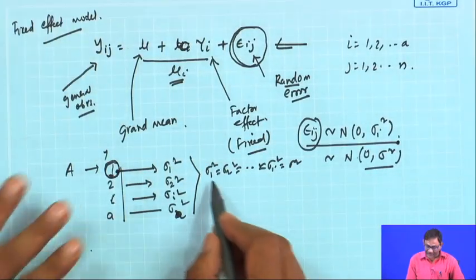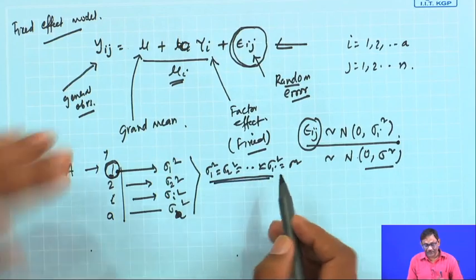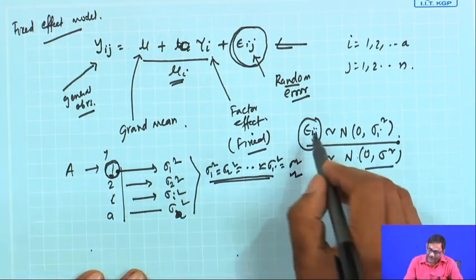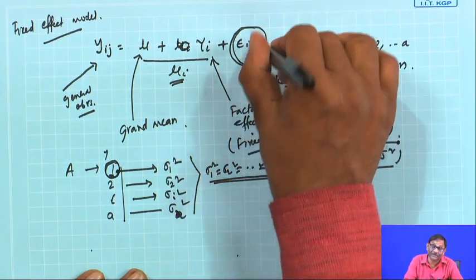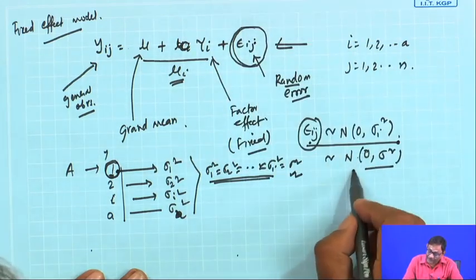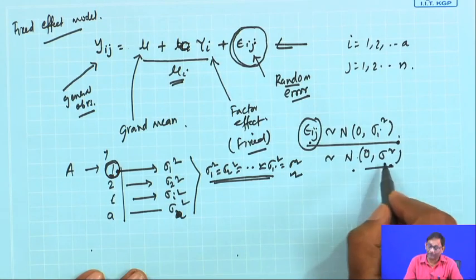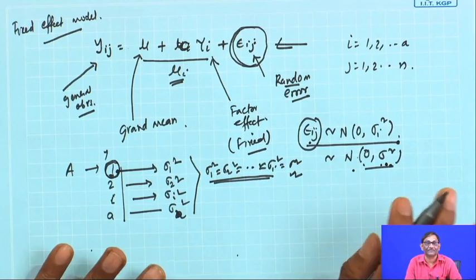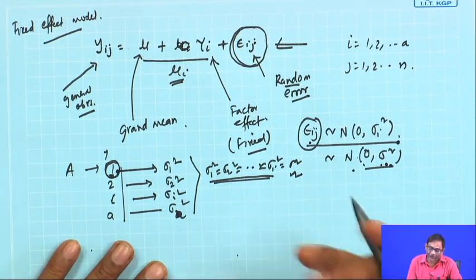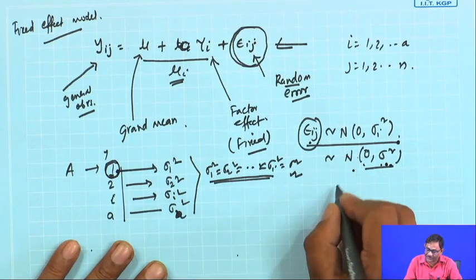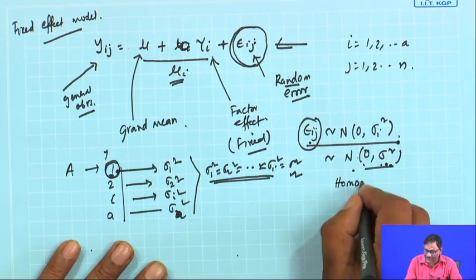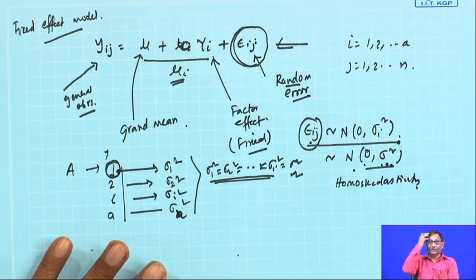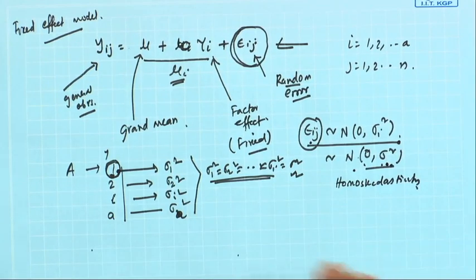Then we can assume that the variability of y across different levels is equal, that is sigma squared. Then this error term follows a normal distribution with mean 0 and sigma squared variance. This is a very important assumption. Later on when I talk about assumptions, we will come back to this, but this is known as the homoscedasticity assumption. Those things we will discuss later on.